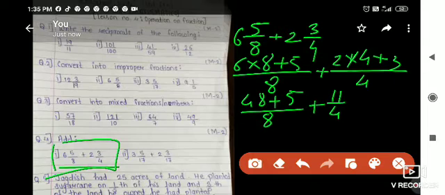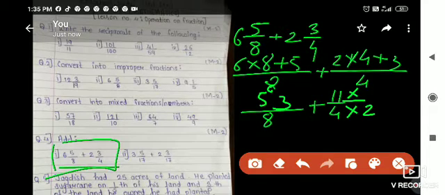And here 48 plus 5, directly I will write this answer. 48 plus 5 is equal to how much? 48, 49, 50, 51, 52, 53. So here 53 upon 8 will come. Now the denominators are different here. You have to write each step next. Here space is not there, that's why I am writing it in this way. Now we have to make the denominator the same.